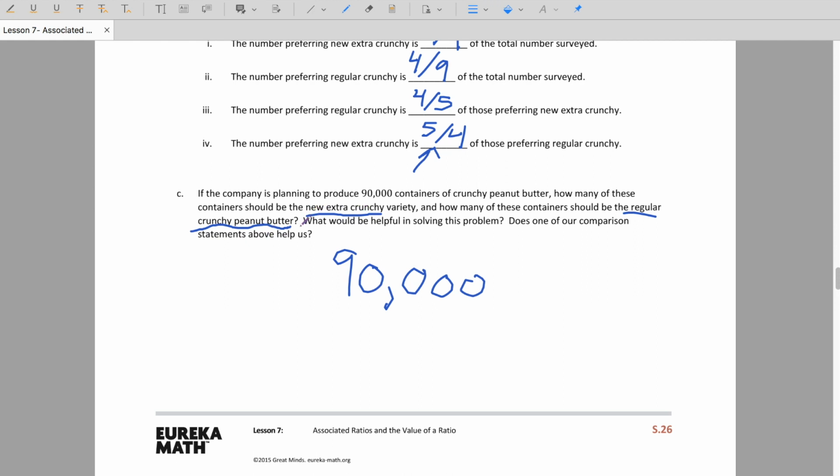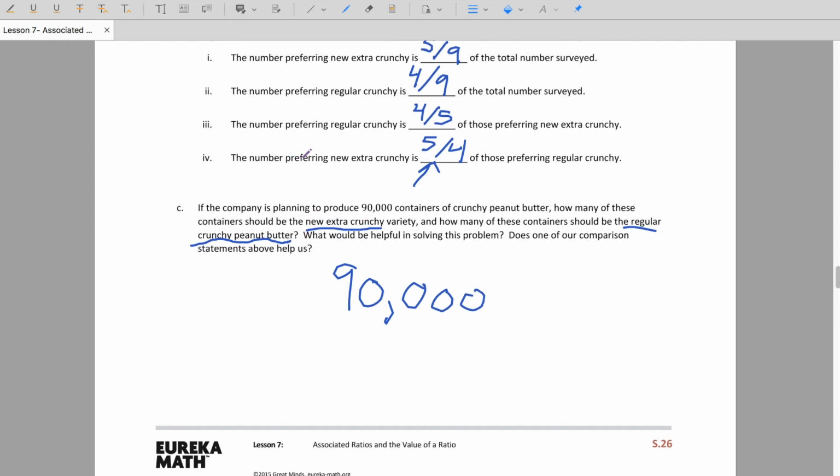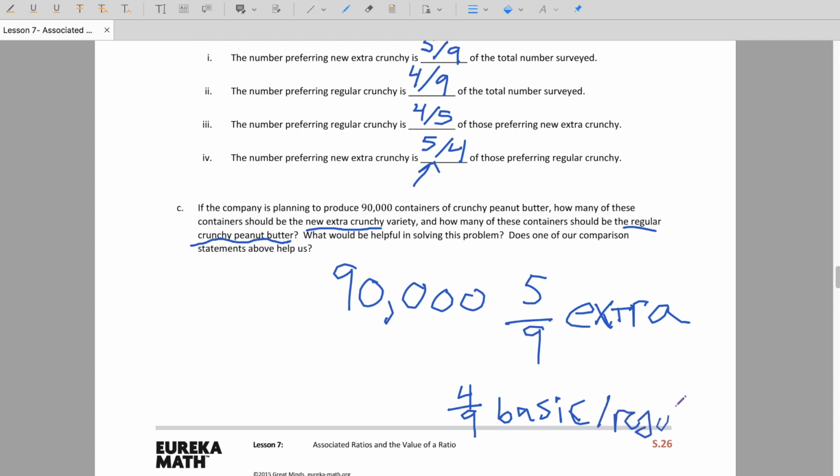Okay, so extra crunchy, regular crunchy. So we know that 5 out of 9 people prefer extra crunchy. And we know that 4 out of 9 people prefer regular. So what we can say is that 5/9 of this number should be extra crunchy, and 4/9 should be basic or regular.